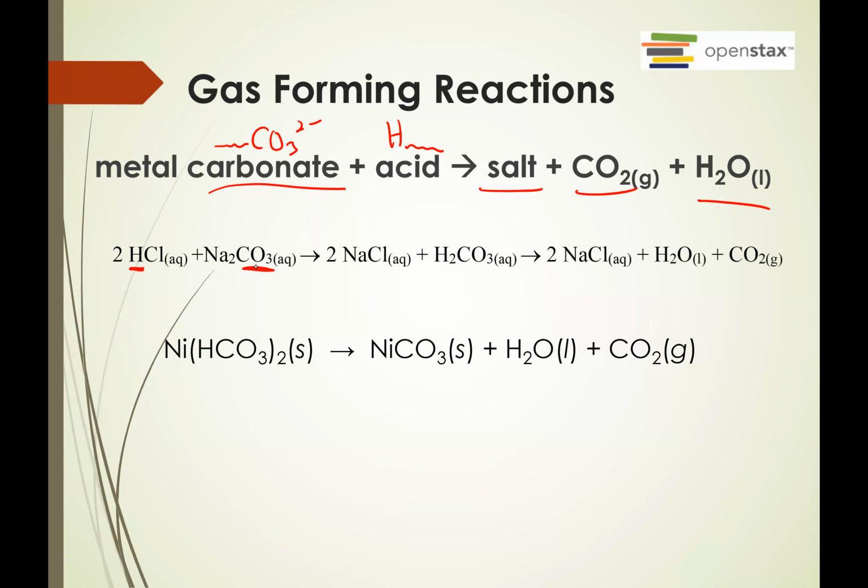So what we have happening here is, if we write our double displacement reaction, I'm going to show you this works. So if you have HCl plus Na2CO3, the first one stays first: H stays first and Na stays first, and the two just switch places, giving H2CO3 plus NaCl.